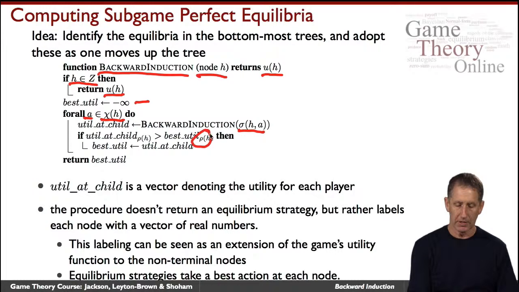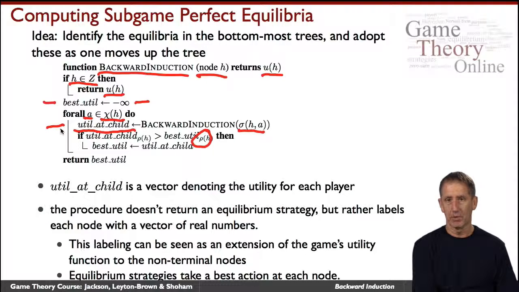And we'll recursively look at the vector associated with that child, and we will keep it in this variable called util_at_child. So we have two vectors, notice, best_util and util_at_child. Best_util is the best we found so far, best for a particular agent, and util_at_child is what we found at a particular child.